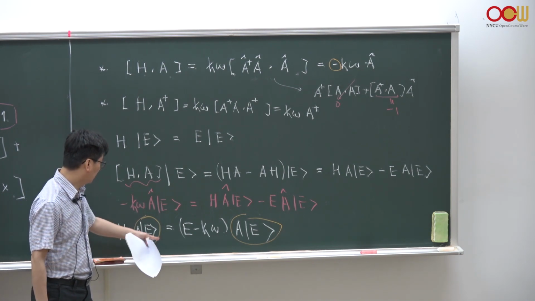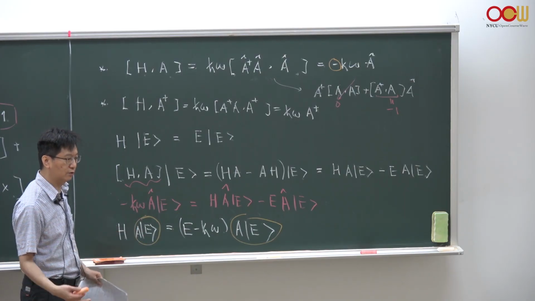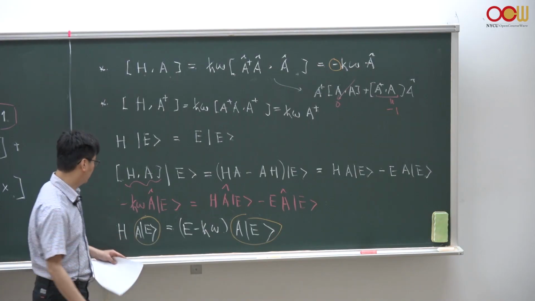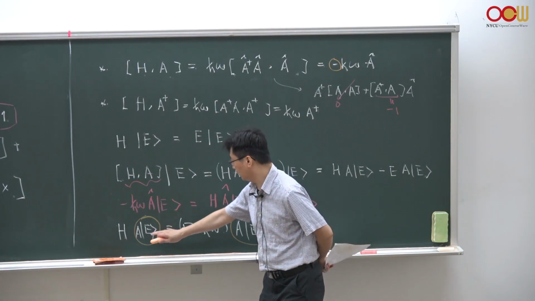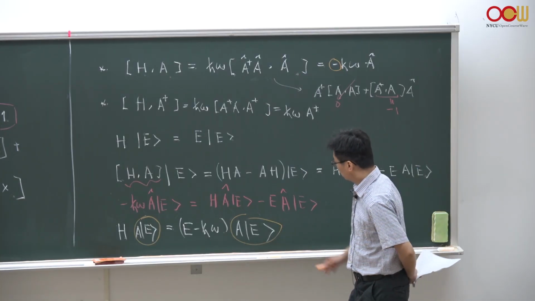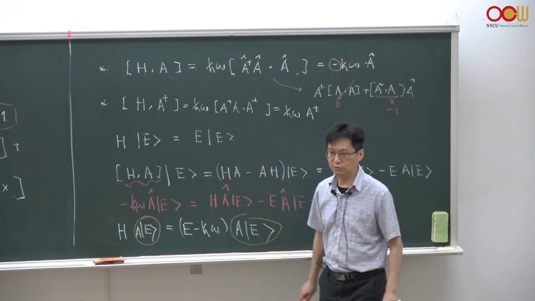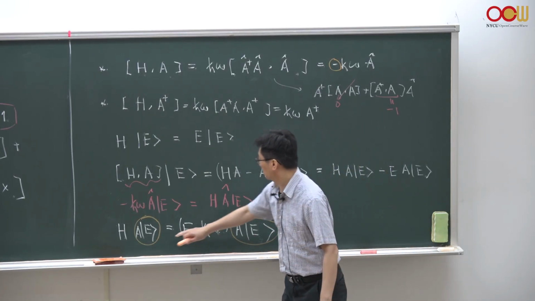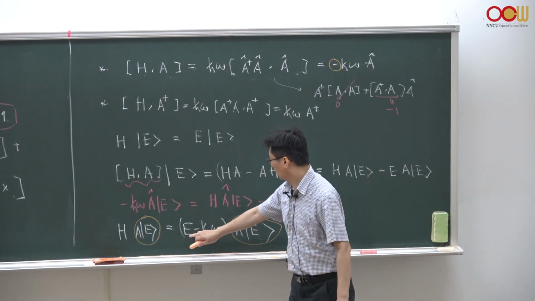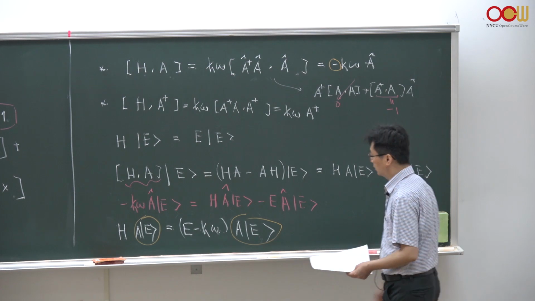Suppose this orange state is another quantum state, which I don't know what that is, but I simply use the Hamiltonian operator to act on that orange state, and what I get is the same state on the right hand side multiplied by the eigenvalue. And the eigenvalue of this equation is E minus H bar omega.